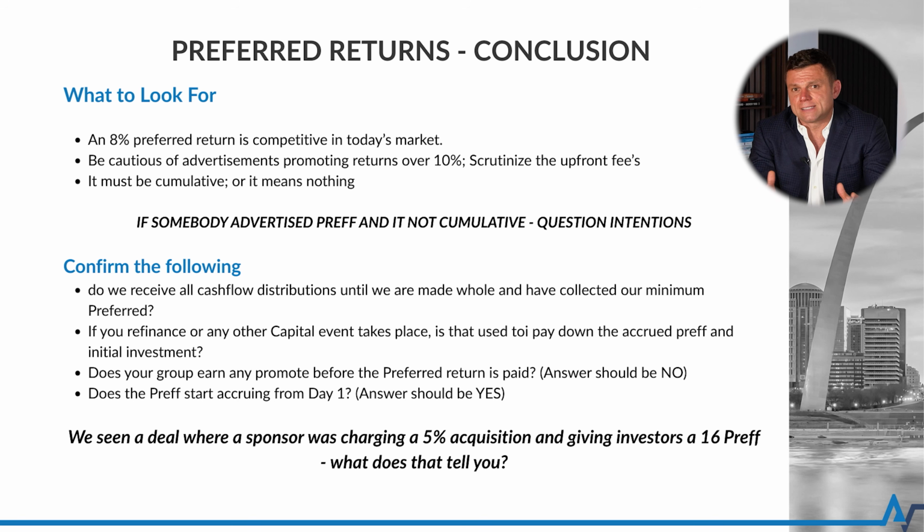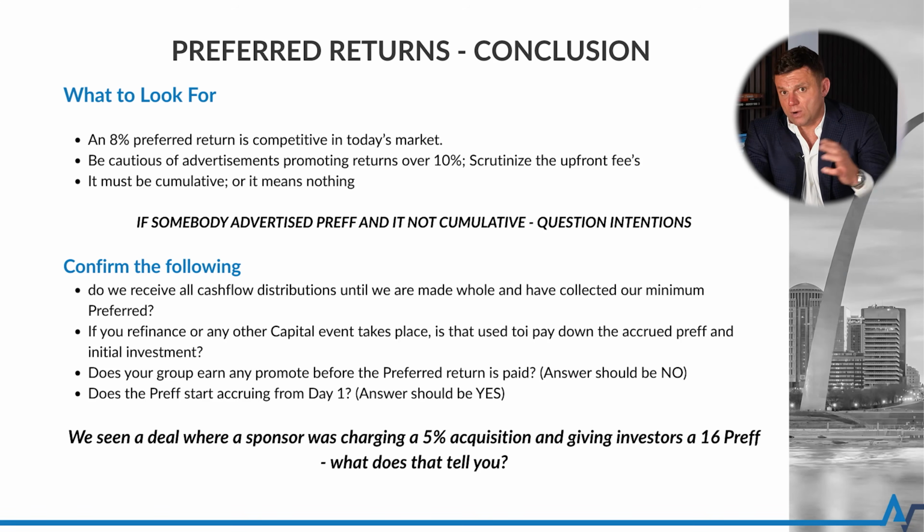If you see these ads on Instagram, Facebook, YouTube, people advertising 10, 12% pref, a lot of times they have these GP catch-up provisions in them, or they have very heavy fee loads in the front, and that tells you a lot. If you're giving me a high pref, but you're charging me a lot of fees, that's telling me that you don't really believe that much in making the money on the back end, and you're trying to make the money more on the front end. So this is what you want to confirm.